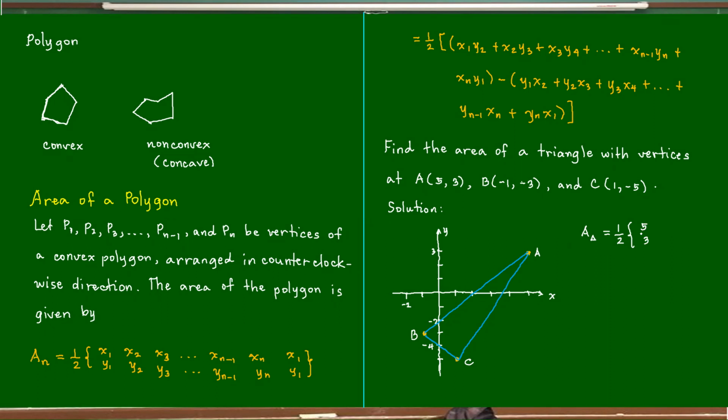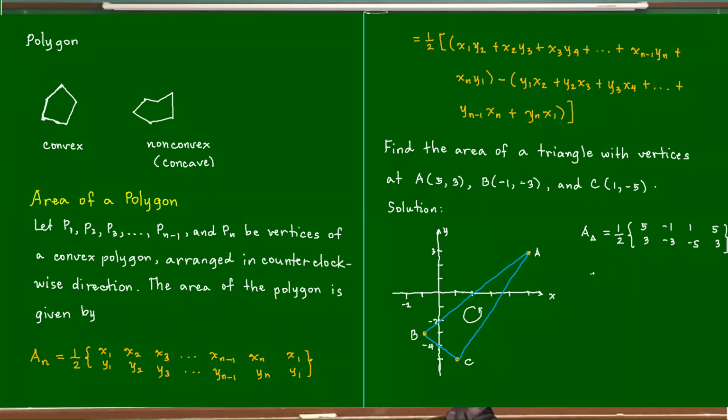What is the next point in counterclockwise with that? So it is the B, not according to letter. It so happens that it is correct alphabetically, but what we mean by point 2 is the next point in counterclockwise. So it is the B, -1, -3. And then what else? 1, -5. Do I have to stop here, guys? Or is one more column? One more column. We end up with the first point that you have chosen. Always do like that, okay?